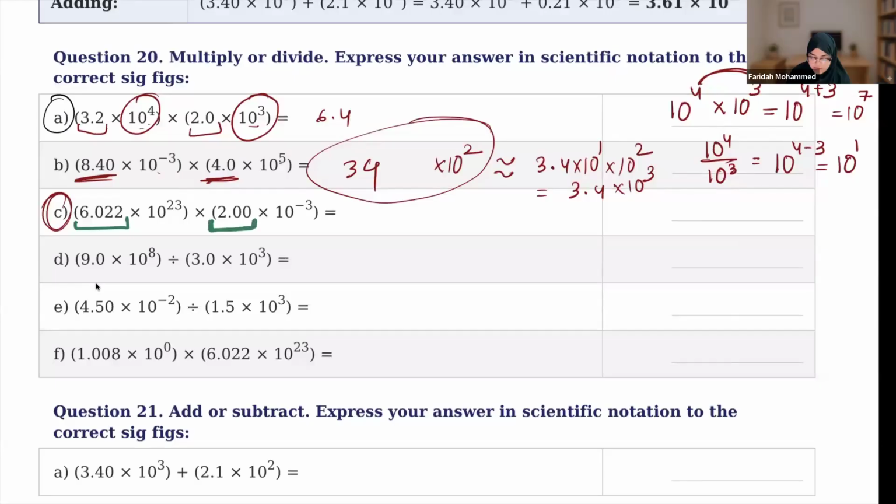Okay, good. First you multiply these two, what did you get? I got 12.044. But with the correct sig fig?